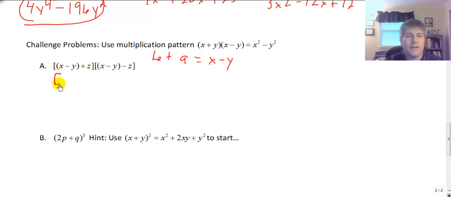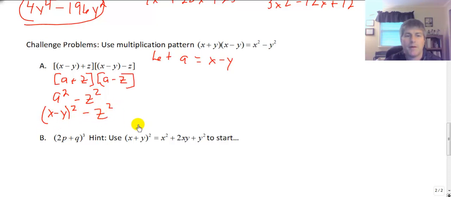So this really is a plus z times a minus z, which if we remember our pattern, that's just a squared minus z squared. Well, what's a? A is x minus y, squared minus z squared.